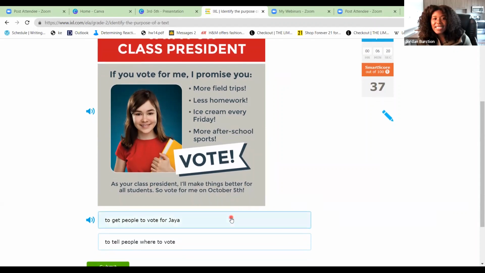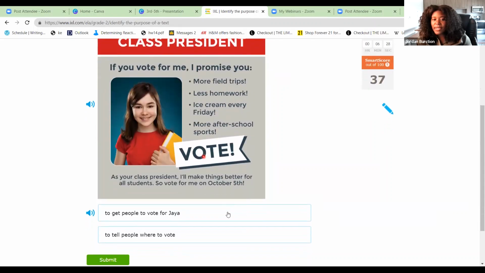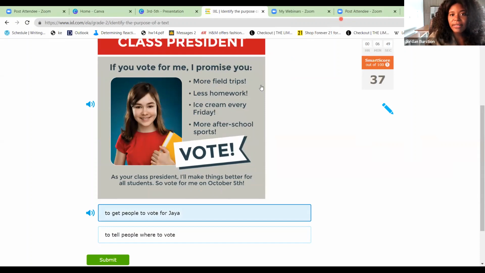Okay, so is this to get people to vote for Jaya or to tell people where to vote? Why did she make this flyer? The first one or the second one? Why did she make this poster? Okay. One, to get people to vote for her. I think so too.